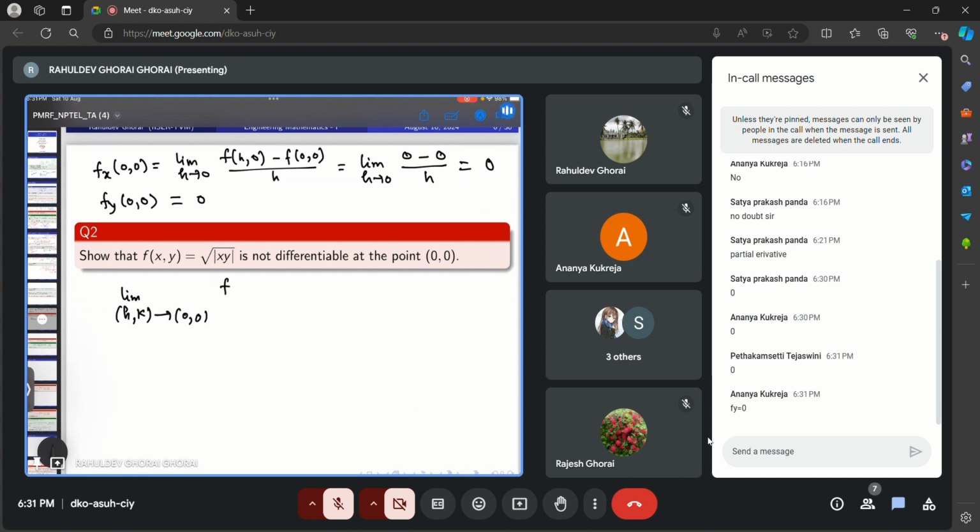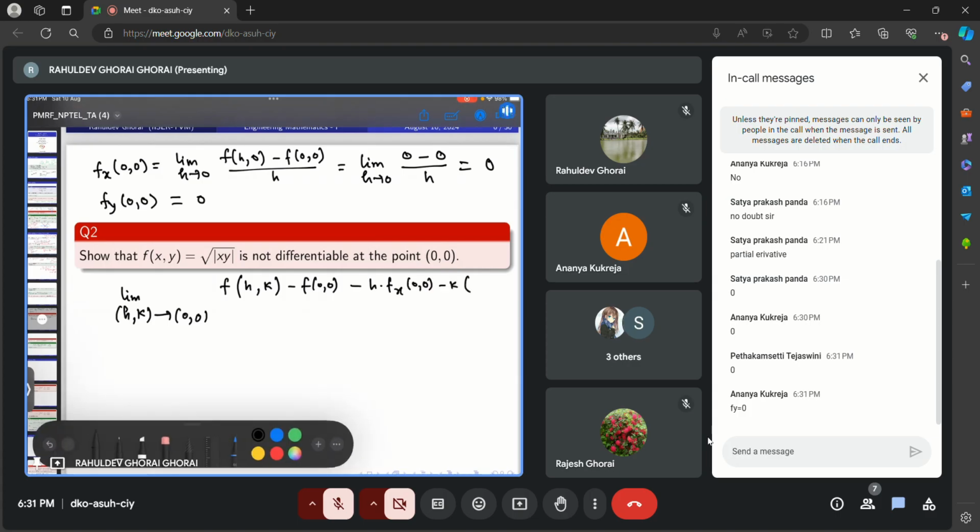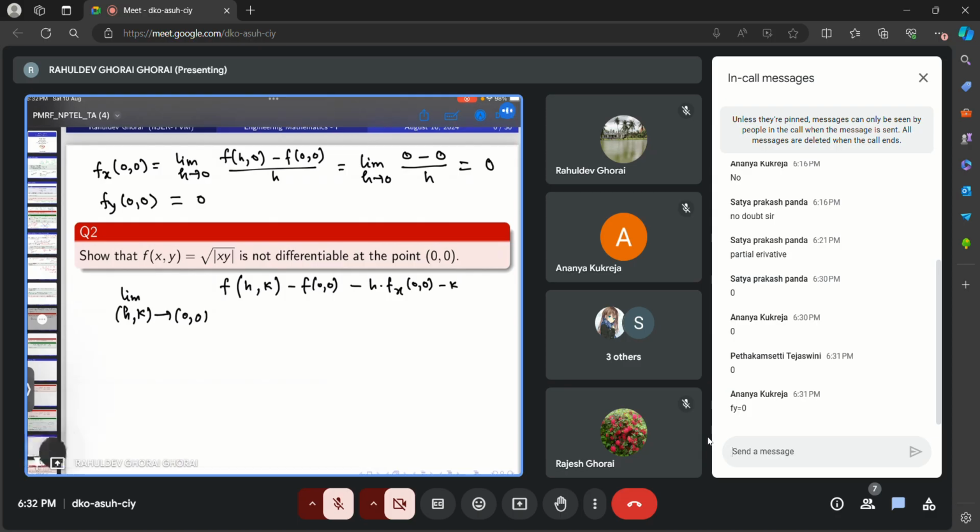That is f(0 + h, 0 + k) minus f(0, 0) minus h times f_x at (0, 0) minus k times f_y at (0, 0), over the square root of h squared plus k squared.